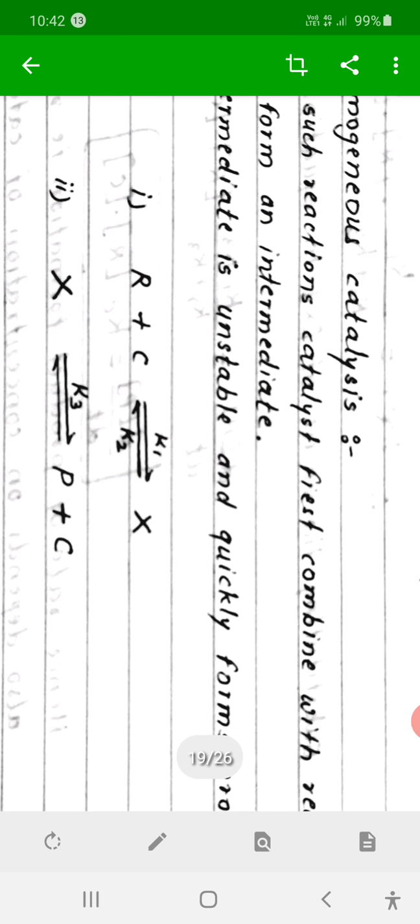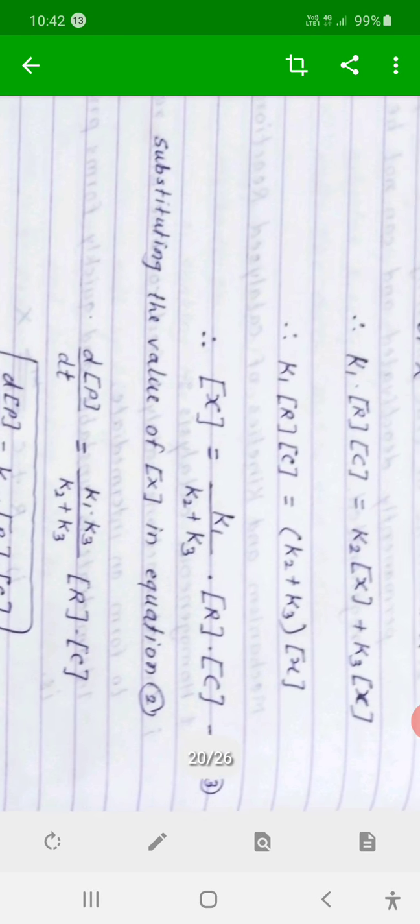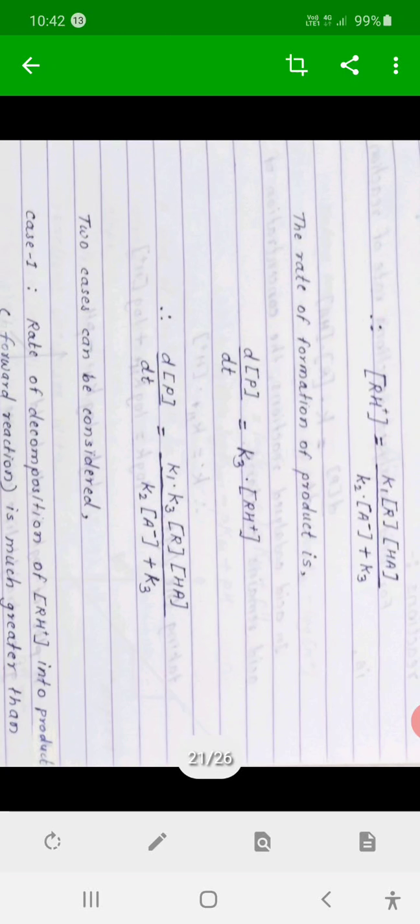How will you write that? dP by dt is equal to K3 into X, where X is the intermediate.